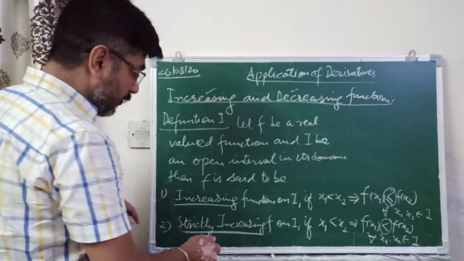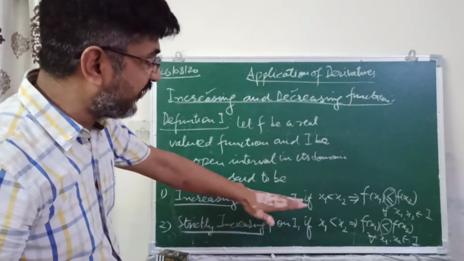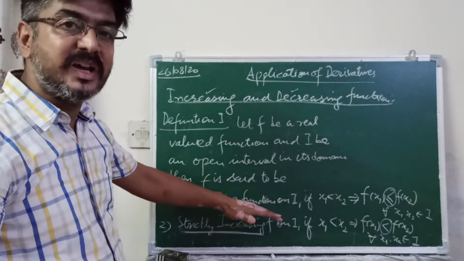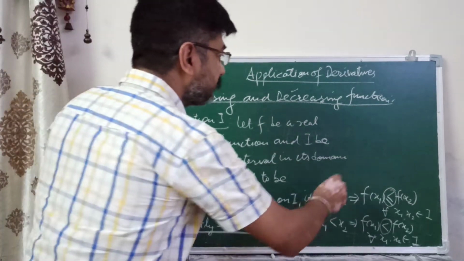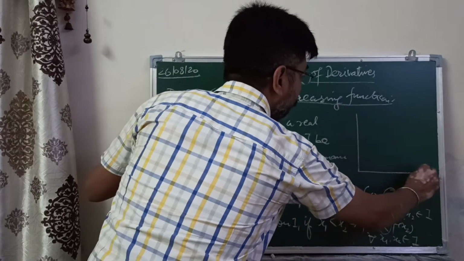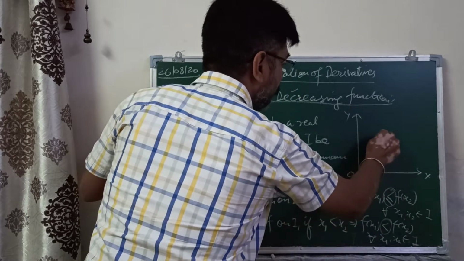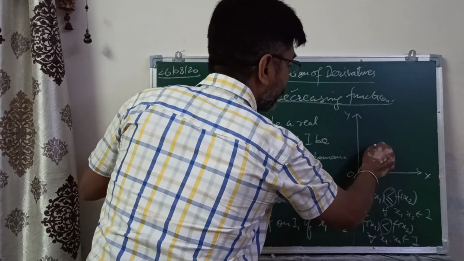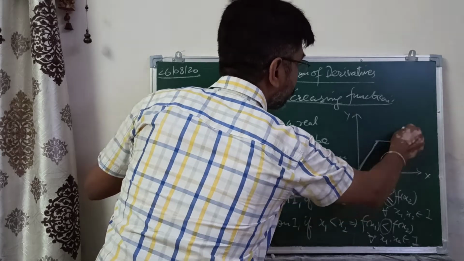Now, what about the graphs and this definition? I want to relate this definition to a graph. First of all, I'll take this. There is a graph, x, y, O, and this is a graph like this.